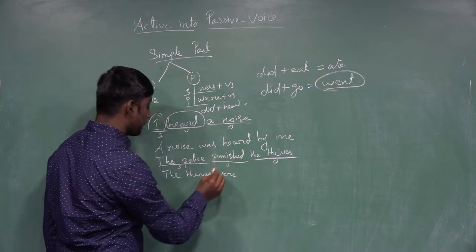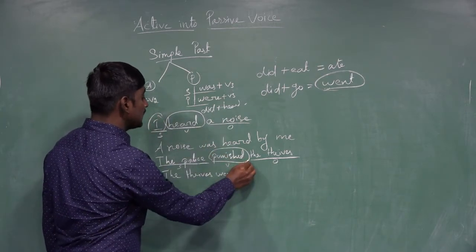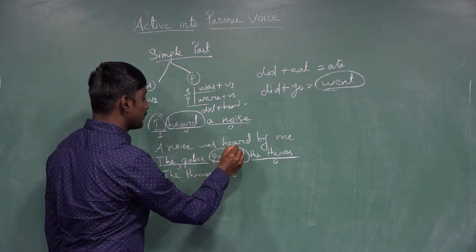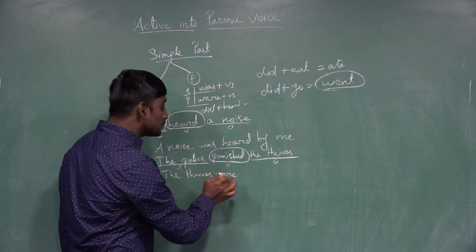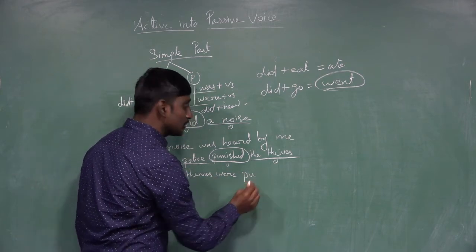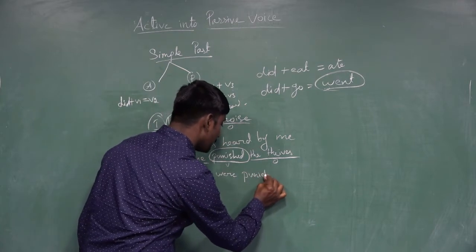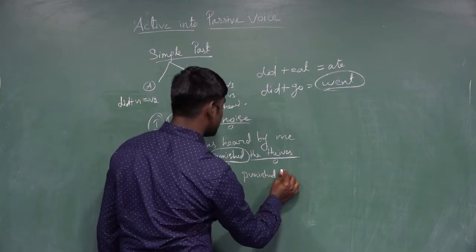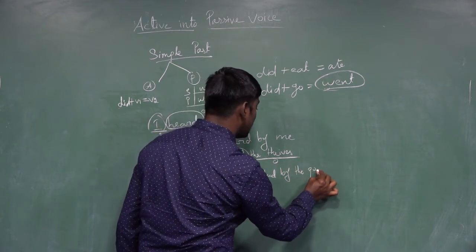So were, and third form, V3 form. What is actually hiding here? Yes, did. So the thieves were punished. Third form: punished. Punished by the police.